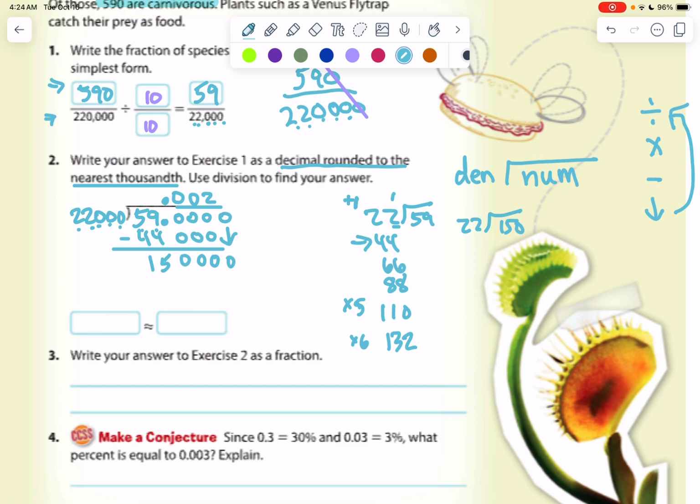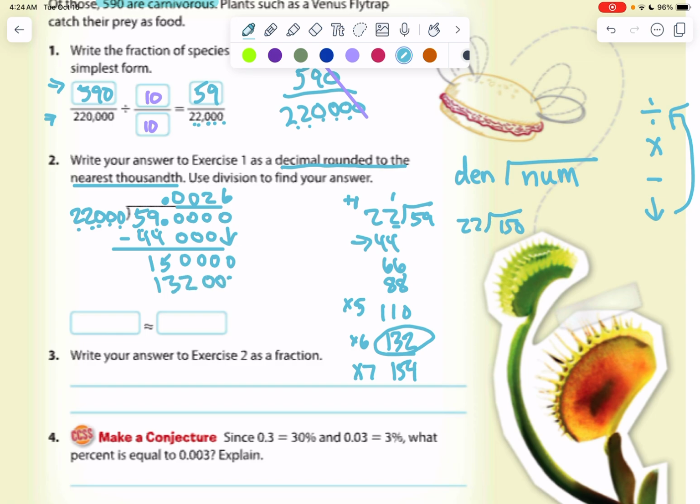Could we go higher? Let's try it. 7 times 2 is 14. 7 times 2 is 14 plus 1 is 15. Not quite, huh? Okay, so times 6. And 6 times 22 was 132.